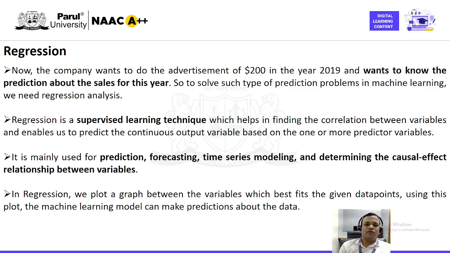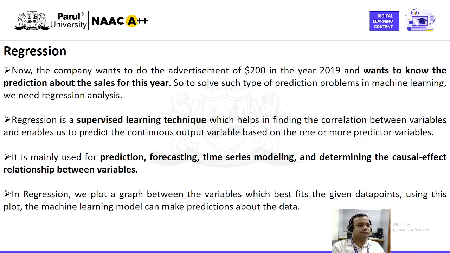Similarly, if you want to spend $4,000 in the year 2024 and want to know the prediction about the sales of this current year, you can also calculate it with the help of this prediction model. That is under regression analysis. Okay, so regression is a supervised learning technique which helps in finding the correlation between variables and enables us to predict the continuous output variable based on one or more predictor variables.